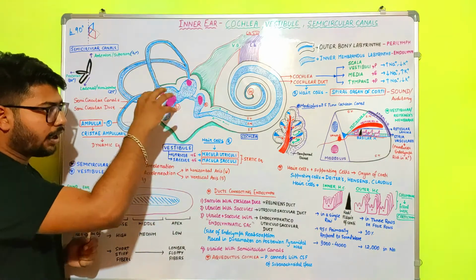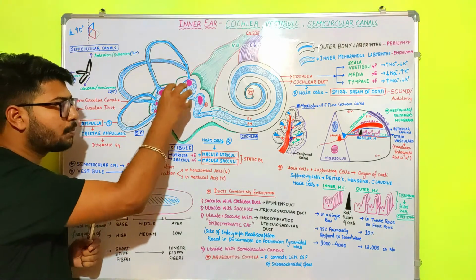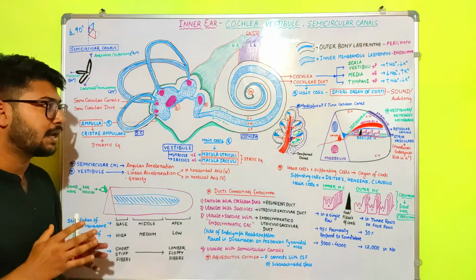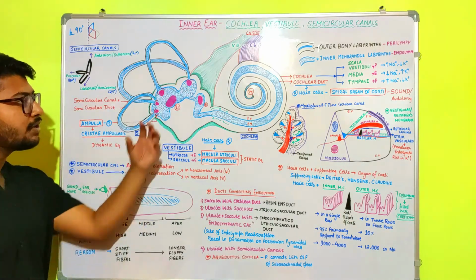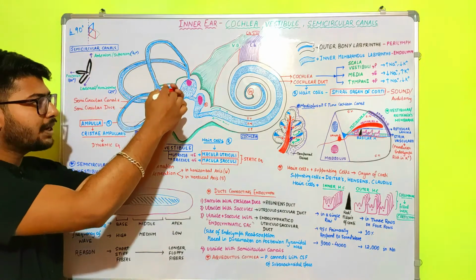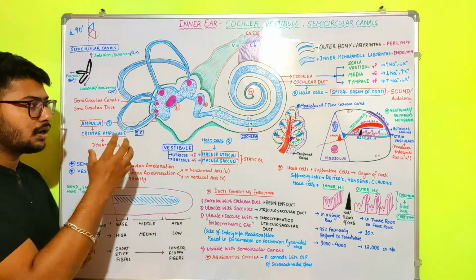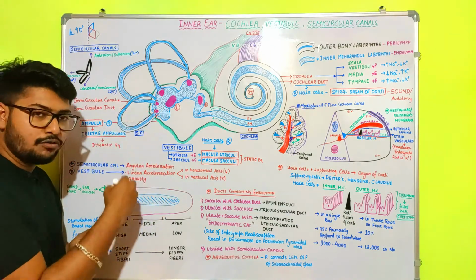So imagine that on the curved surface, present on the medial wall of the tympanic cavity, we have an opening, and that opening is the oval window, and right beneath the promontory we have the round window.